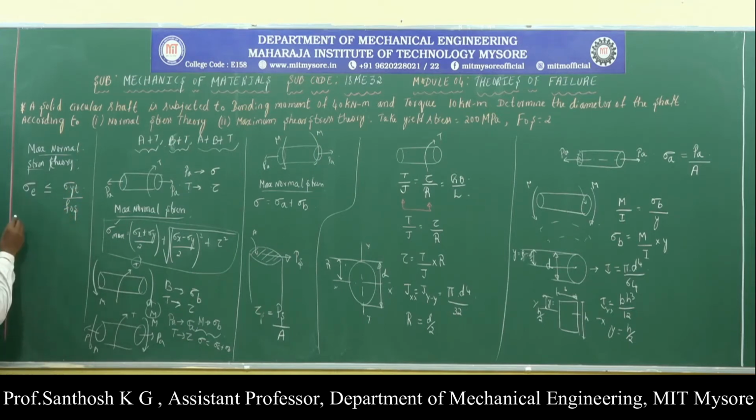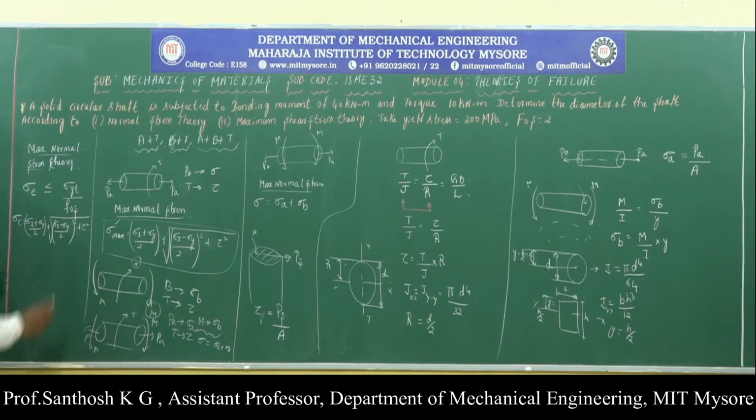Here the value of sigma E will be equal to (sigma x plus sigma y)/2 plus square root of ((sigma x minus sigma y)/2) whole square plus tau square.